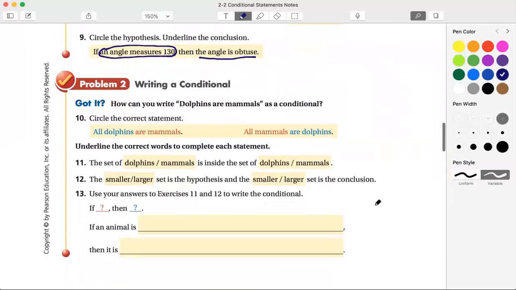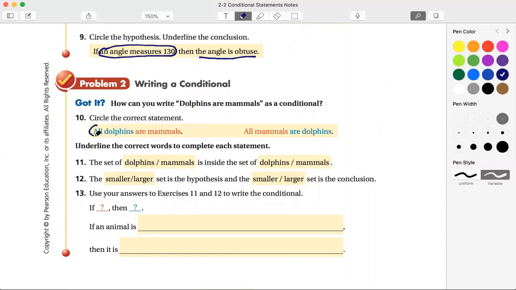All right, writing a conditional. So how can I write dolphins are mammals as a conditional statement? So we need to circle the correct statement: all dolphins are mammals, or all mammals are dolphins? Which one is correct? Well, all dolphins are mammals, not all mammals are dolphins. So the set of dolphins is inside the set of mammals.